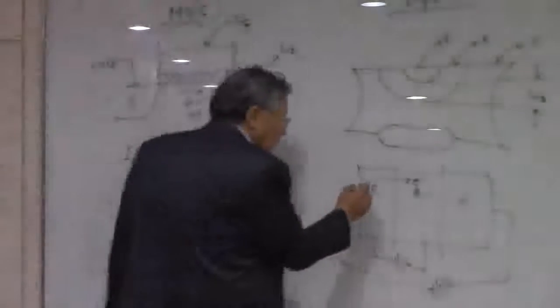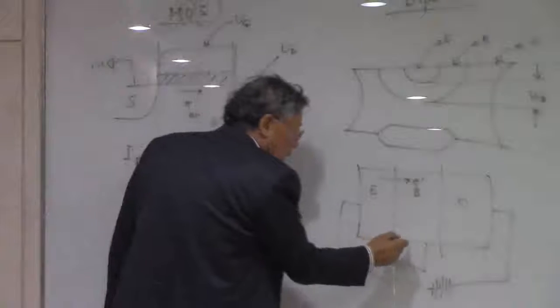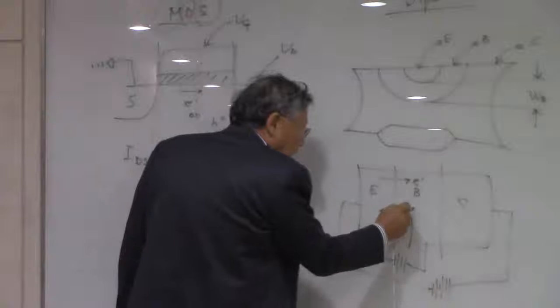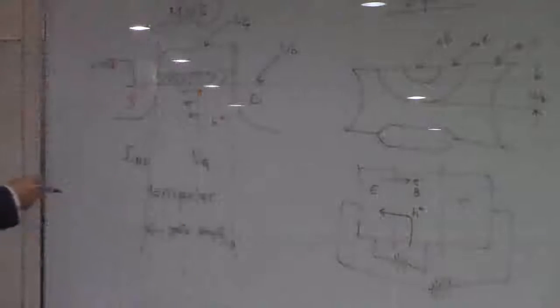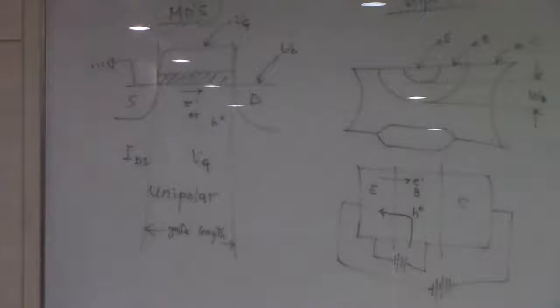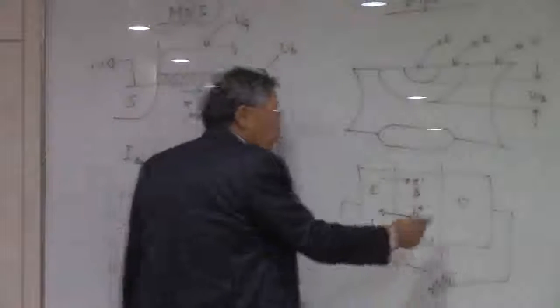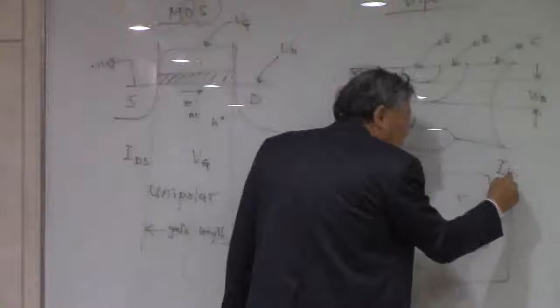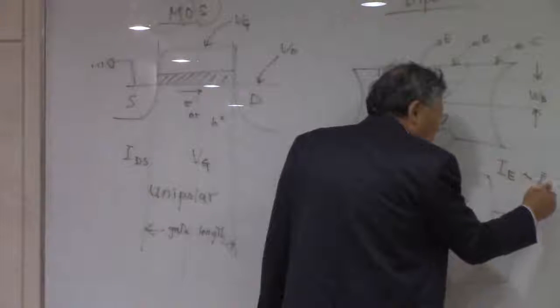So if an electron is injected into the base, it just means that we have injection of holes from the base to the emitter with the same voltage. So naturally, in this bipolar transistor we have to compare the current on the emitter and the current to the base.